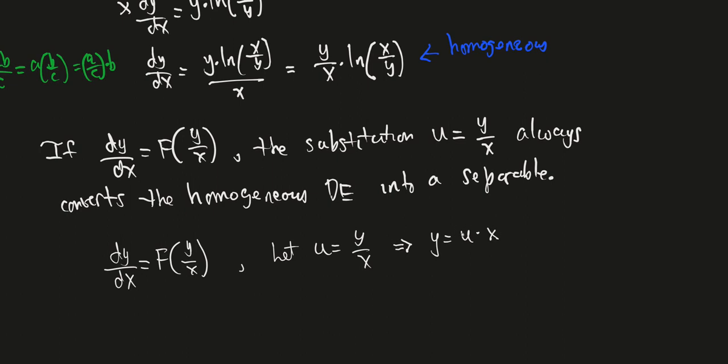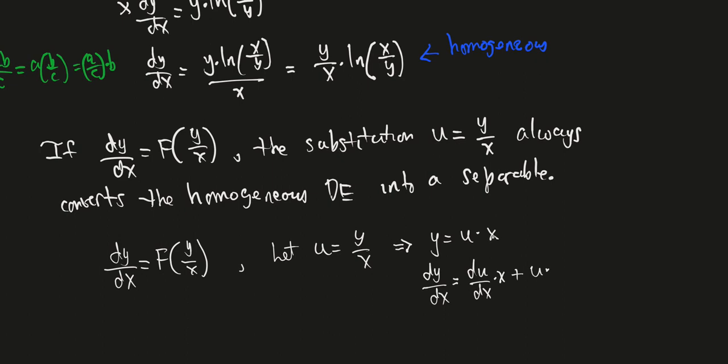So I've turned this equation that has a quotient into one that has a product. Then I'm going to differentiate this equation with respect to x, and I will get dy/dx on this side. But on this side, I'll have to use my product rule. So let's differentiate with respect to x. Our product rule says take the derivative of the first, so that will be du/dx times the second, plus the first, which is u, times the derivative of the second.